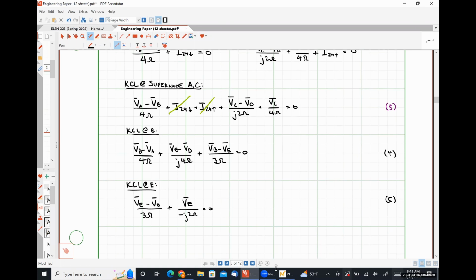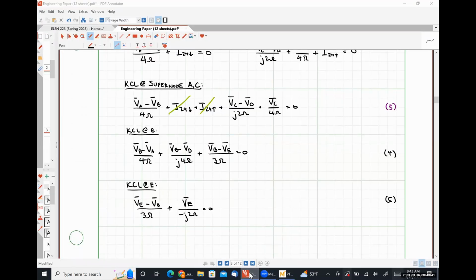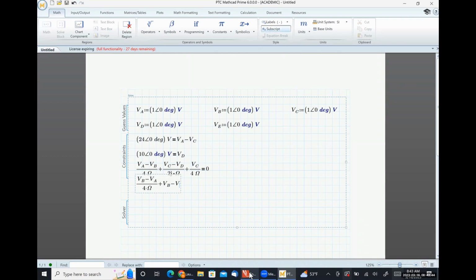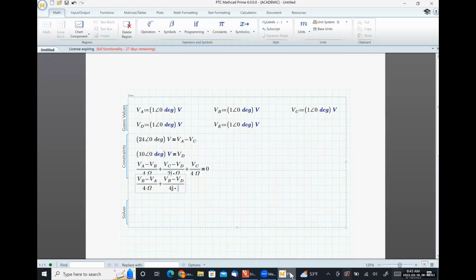So VB minus VA over 4 ohms plus VB minus VD over 4J times ohm plus VB minus VE over 3 ohms equal to 0.